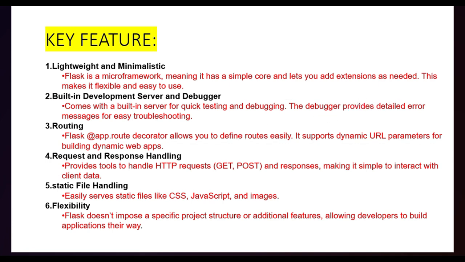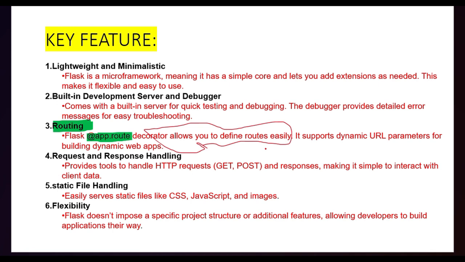The third one is routing. As we have seen in the hello world code, there is an @app.route, which allows you to define the route easily. By giving this, we can see how Flask maps the URL to a specific function in your application.